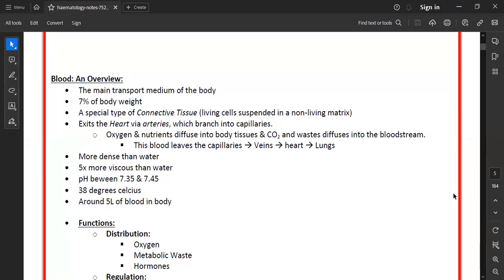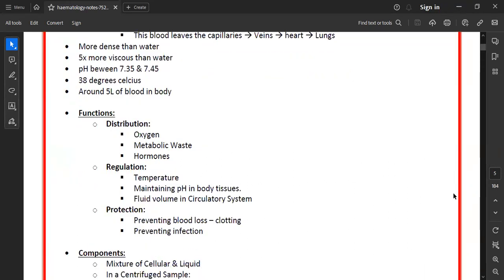This is just stuff that we know, the functions of blood, which include distribution of oxygen, metabolic waste and hormones, regulation of temperature, pH, and fluid volume in the circulatory system. It protects through the function of the platelets, which are blood components, so it protects from severe hemorrhage. White blood cells also prevent the body from getting attacked by infections.